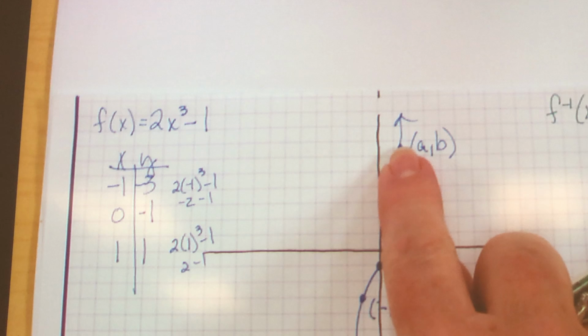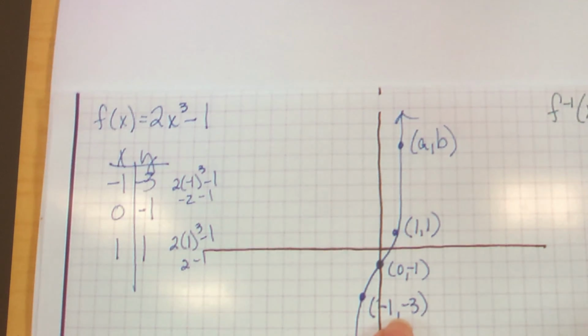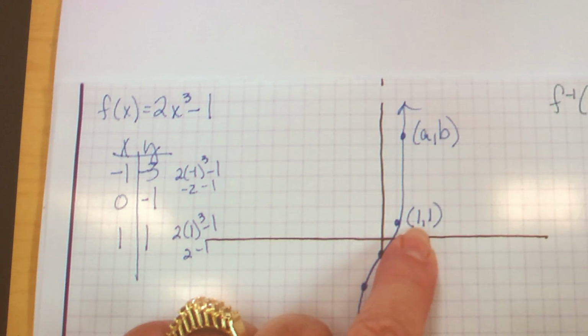So if this (a, b) were on this green graph, he would be (b, a), right? Same signs, we didn't change any signs. What would this point be? -3, -1. What would this point be? -1, 0. What would this guy be? 1, 1.